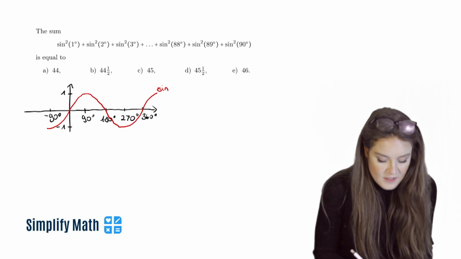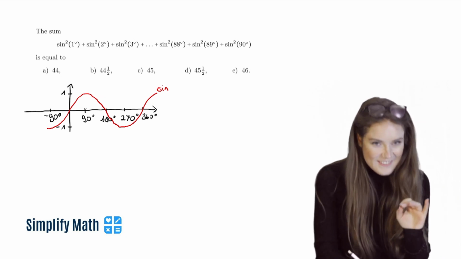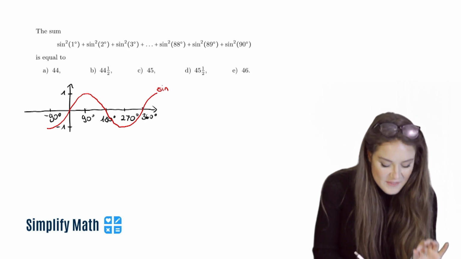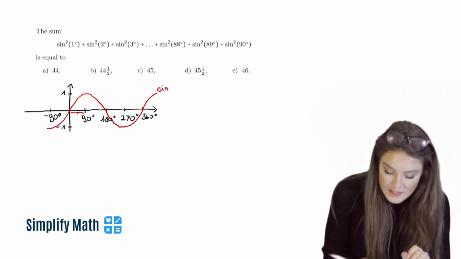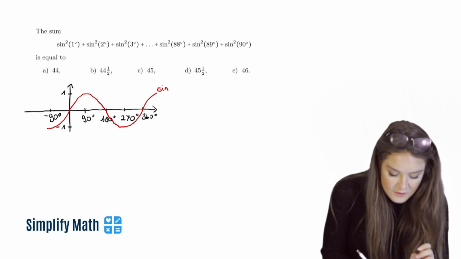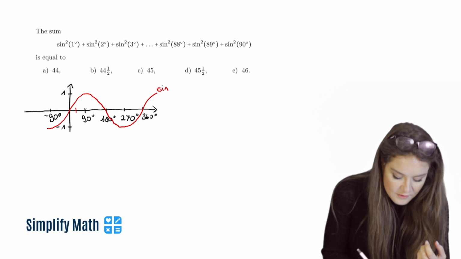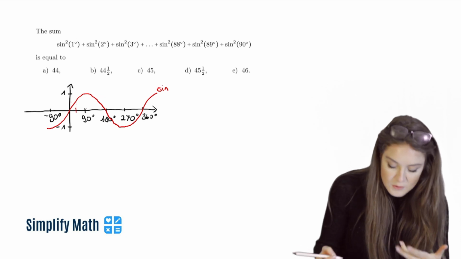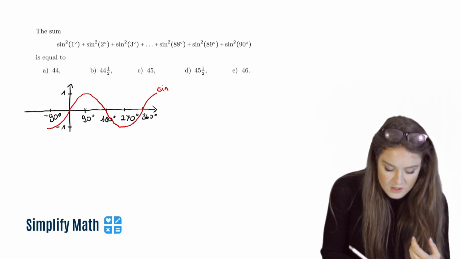This sketch in general is not a nice sketch, okay? But we are anyway only interested in the interval between 0 and 90 degrees. Here we cannot really read any value of the sine function. For example, here we still cannot give the value of the sine function.